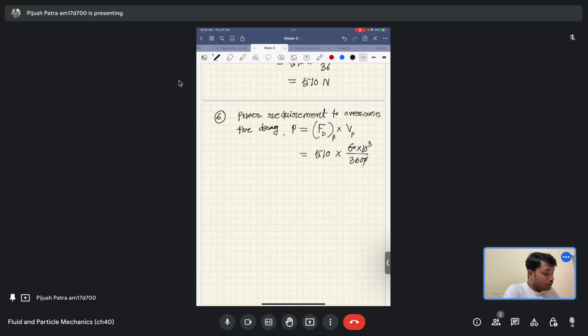So this is 6, right? So it is 51 by 6 into 10 cube watt. That means 51 by 6 kilowatt. What is 51 by 6? Do you have any calculator?